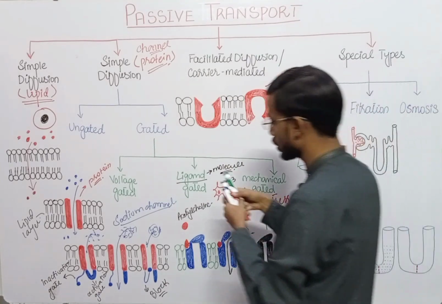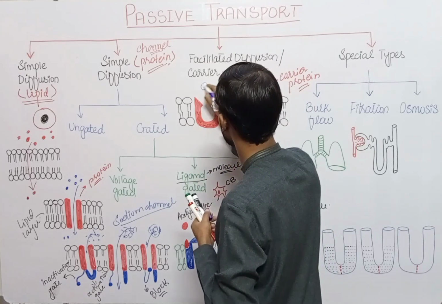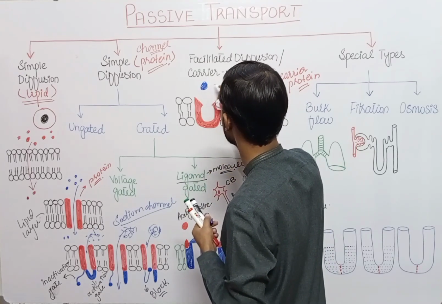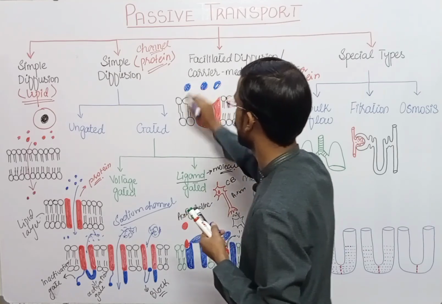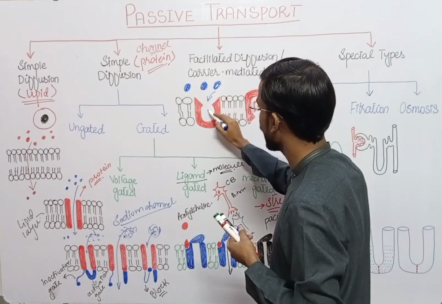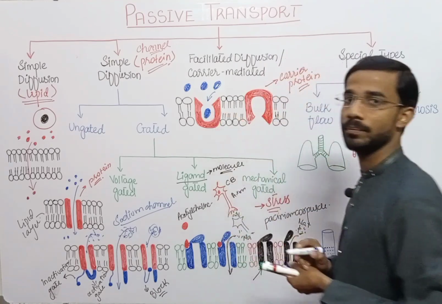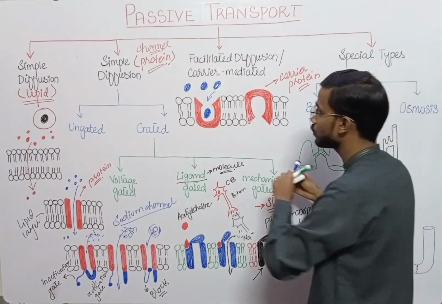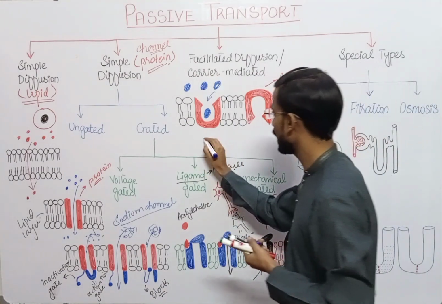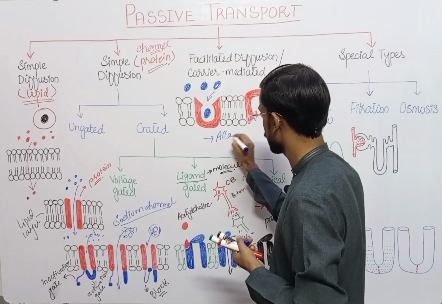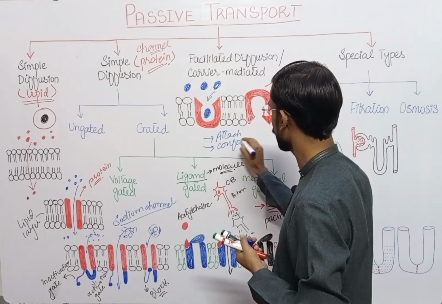Let's suppose the glucose molecules are present outside the membrane in higher concentration. The glucose molecule will attach to the carrier protein. First of all it will attach, then there is a change in conformation of the protein.